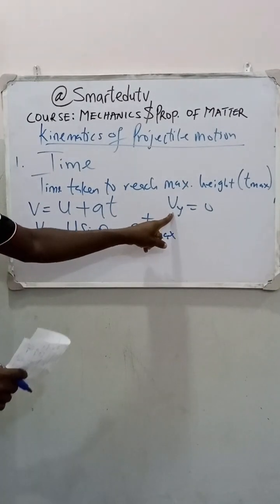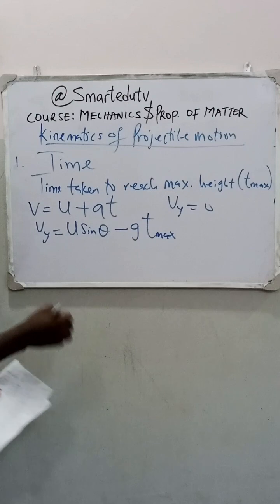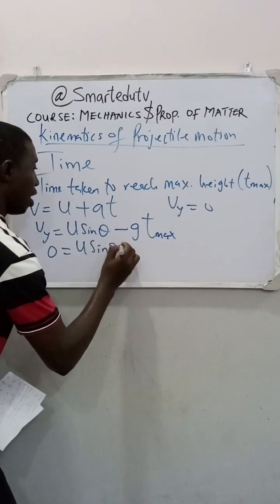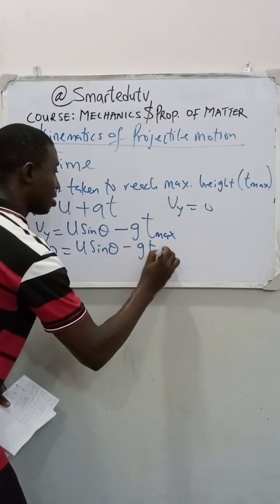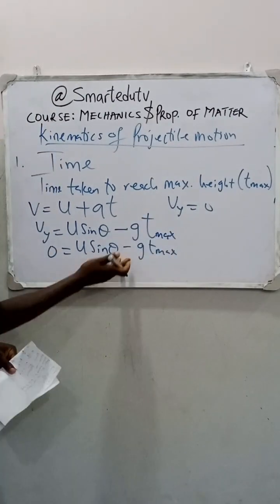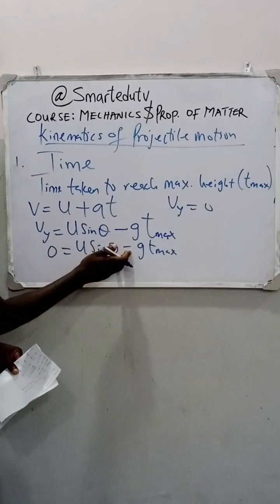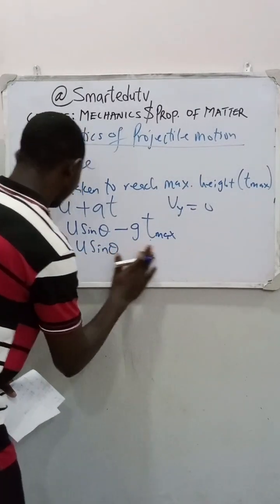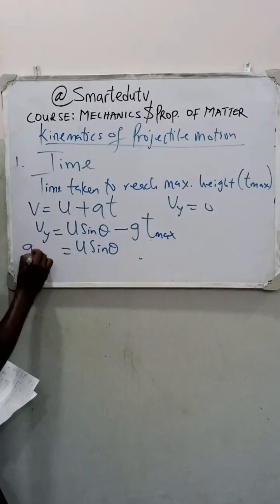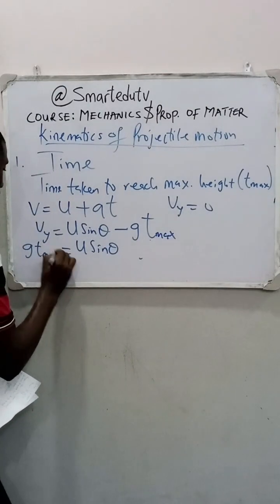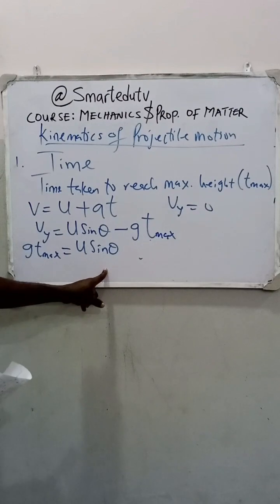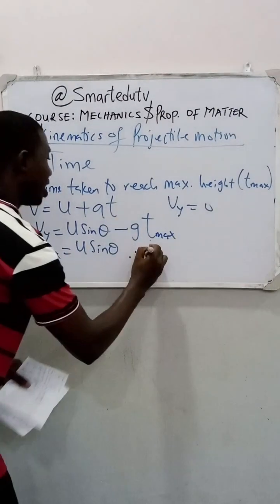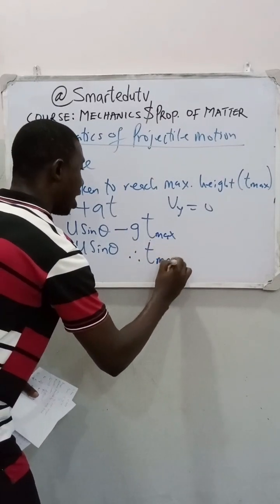Since the velocity along the y-axis equals 0, this can be written as 0 equals u sine theta minus g T max. So if this goes to the other side, it becomes positive, so I can write g T max equals u sine theta.